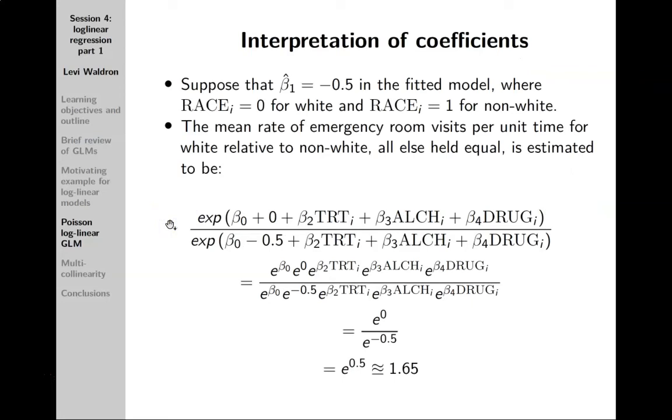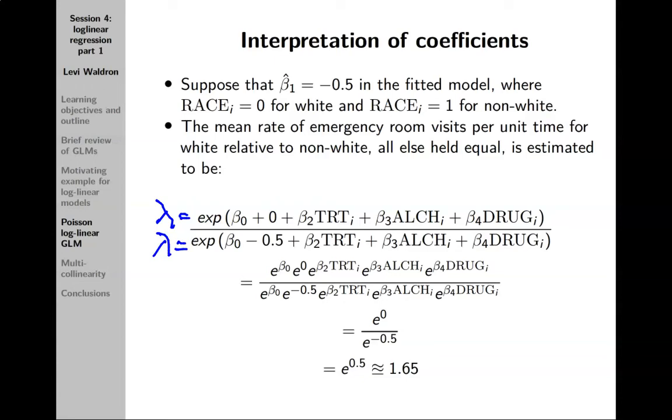Sorry, I want to do a bit of drawing here. So this would be like a lambda equals and also a lambda equals for these two different subsets of our population. This top subset being the reference category white, and the bottom being the alternative category.